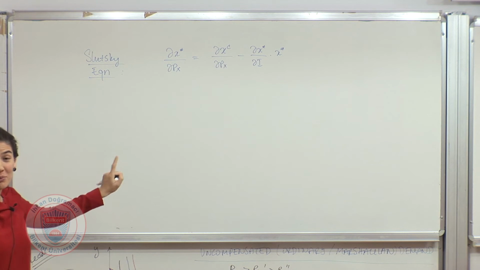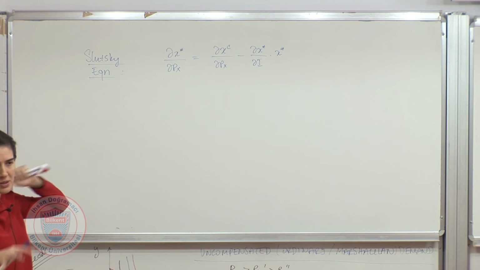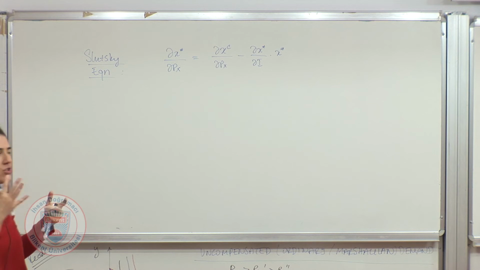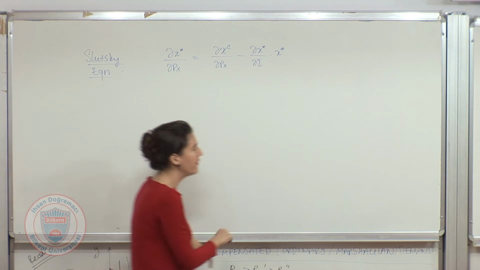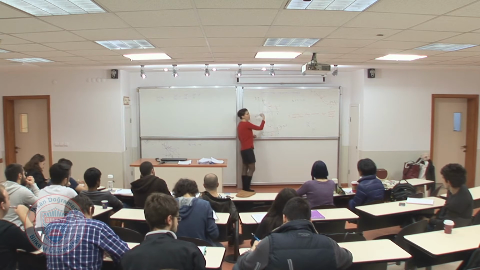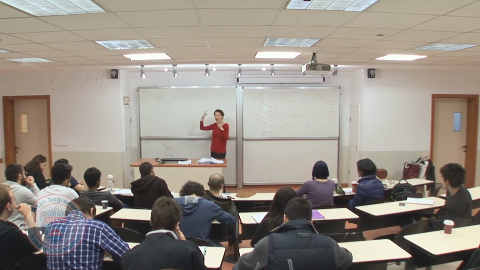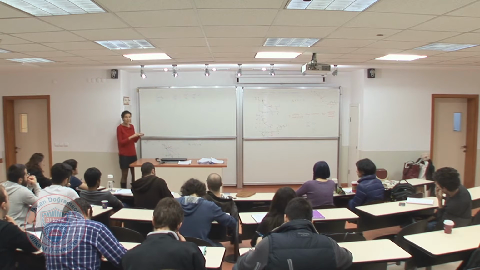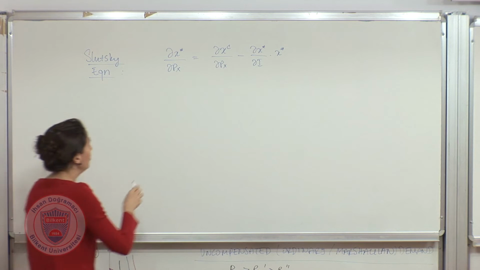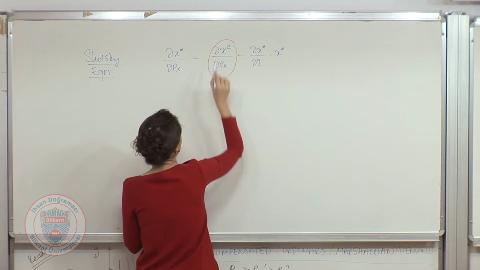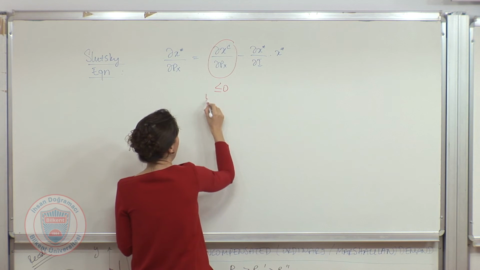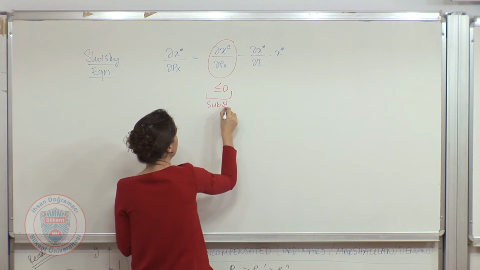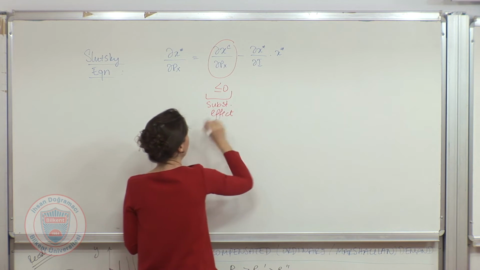We derived it basically using the fact that at this point these are the same, okay? X C and X star are the same. And then we arrived at this equation, but you see that we can see it here as well. We showed that this is always negative and this corresponds to the substitution effect, okay?